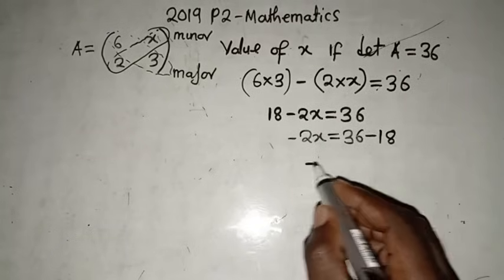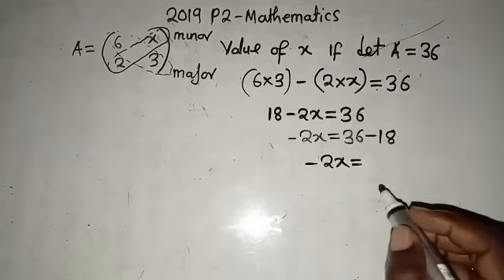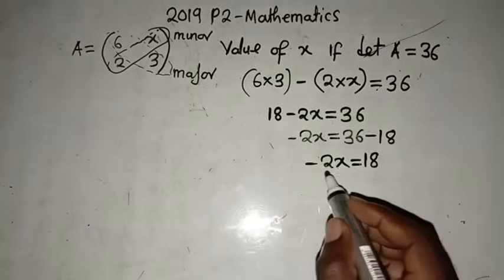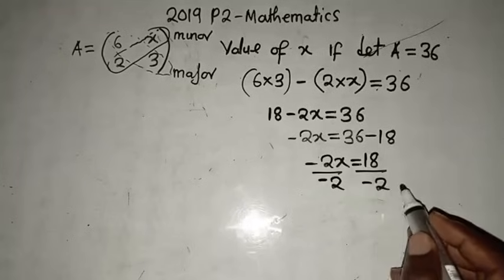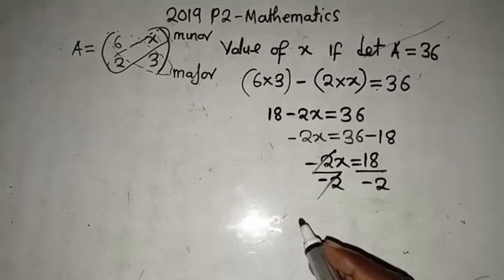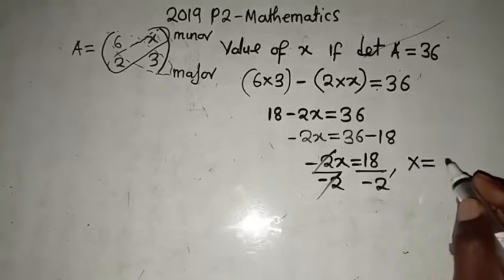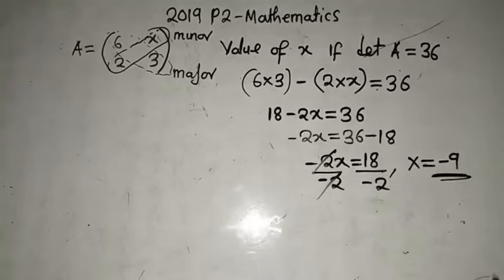So you are going to have negative 2x is equal to 36 minus 18, you get 18. Then you say over negative 2, even there over negative 2. This and that will be cancelled. X will be equal to negative 9. So this is your answer. X is equal to negative 9.